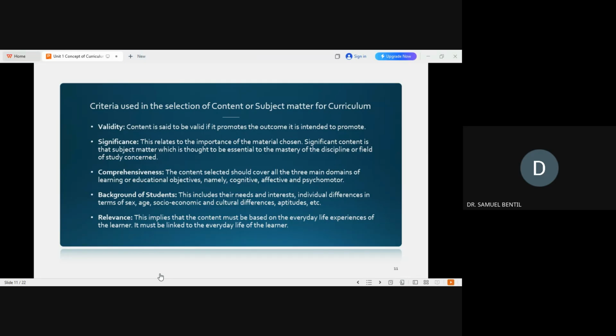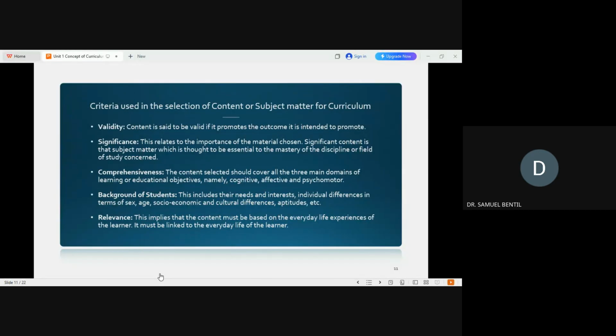And that will also translate in the topics or the subject matter you are selecting. And that is where whatever you are teaching, when you are teaching the topic, we expect that they show some relevance of those subjects you have selected. How does it reflect the real life situation of the learner? We expect that at the end of the day, he should be able to come back to fit into the society and reconstruct the society. So relevance is talking about the content being related to the everyday life experiences of the learner.